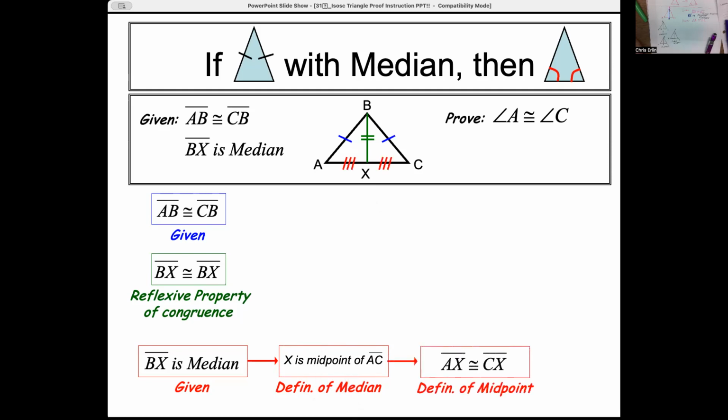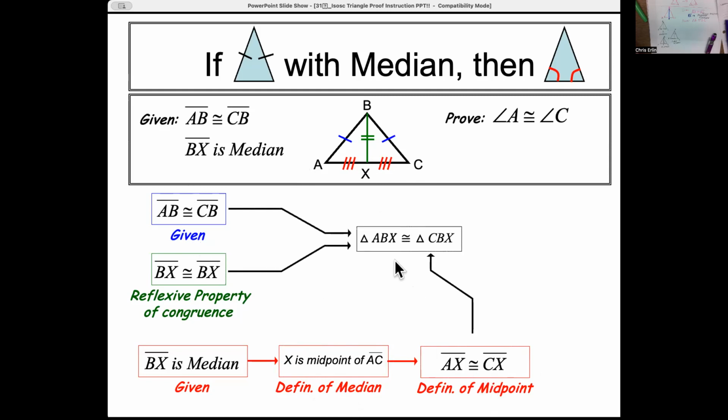If I define the midpoint as AX and CX, that tells me that X is in the middle. Now I've got what I need. These 3 facts are enough to prove my triangles are congruent. This time by what? Not RHL. This time it's side, side, side. Everything else is the same except for these little definitional parts and what theorem I'm choosing.